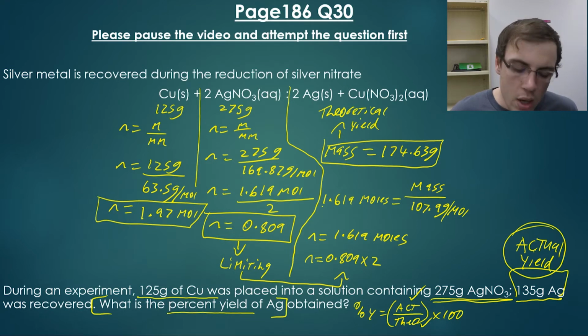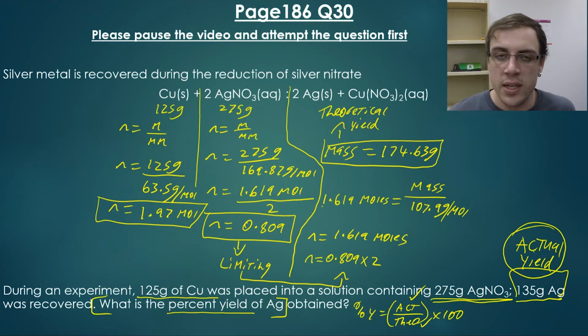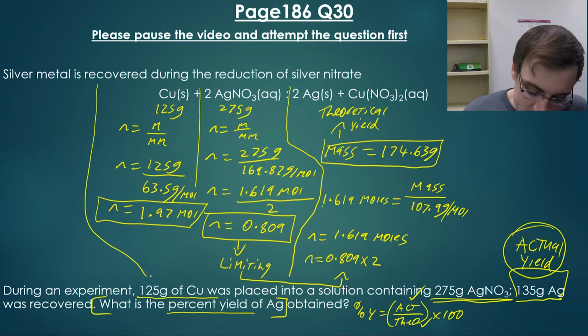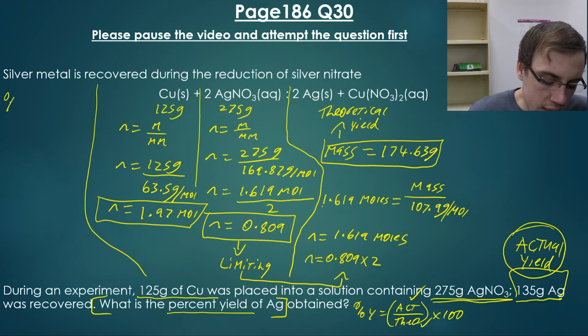So now we can use our percent yield formula to get our percent yield. So I'm going to do that just over here, seeing as we're running out a bit of room. So we have our percent yield equals actual yield over theoretical yield multiplied by 100.